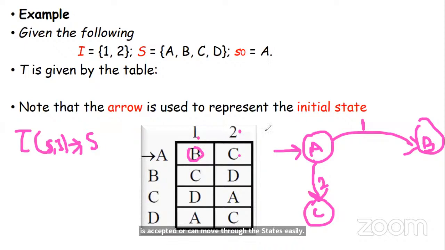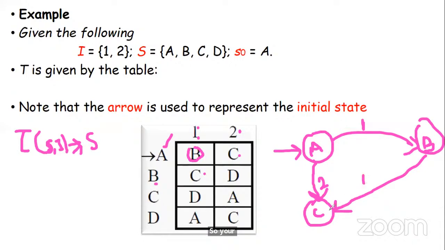Okay, so let's continue. Now the next one, you're at B. You are done with A now, so the next state is your B. You're on B and you receive an input of 1. You move to C, according to this transition function.